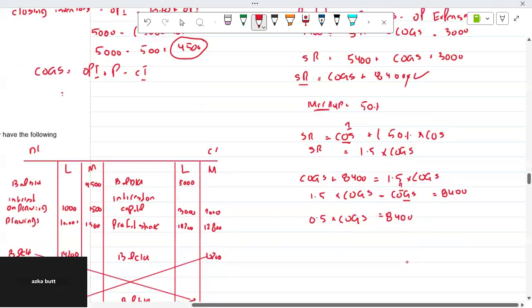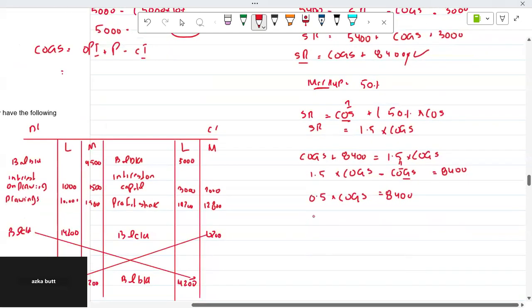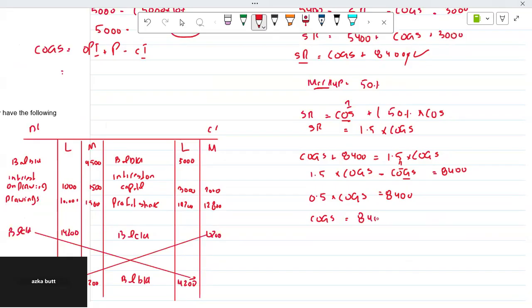So 1.5 minus 1 is 0.5 multiplied by cost of goods sold, which is equal to 8,400. So cost of goods sold is equal to 8,400 divided by 0.5, which is 16,800.